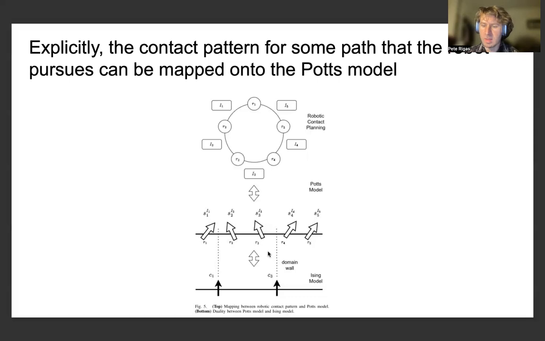And this is demonstrating that by knowing the contact path or the contact pattern in the gait in the shape space that some robot takes, this optimization problem can be mapped onto finding the ground state of some Potts model.